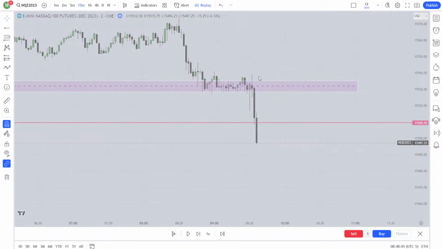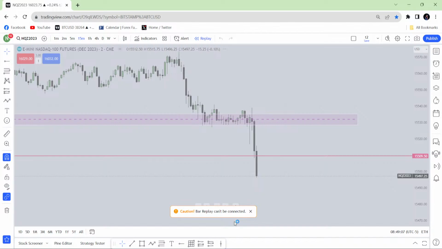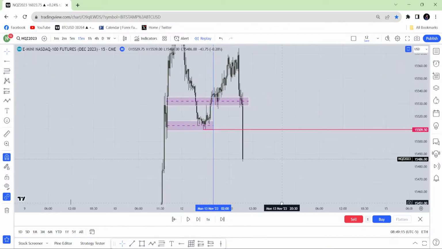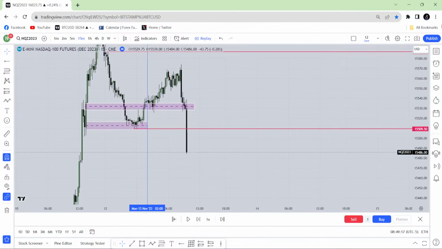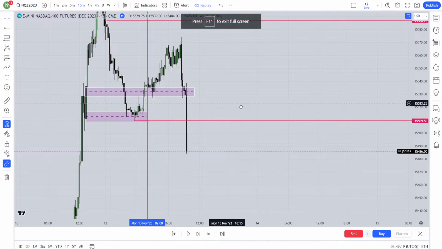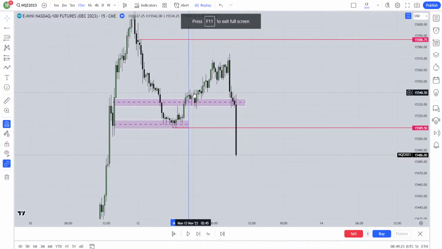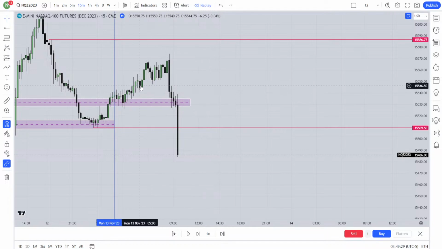So when you are seeing this, this is your sign for sloppiness. Wait for a very nice candle. Look over here, this is a very nice candle.